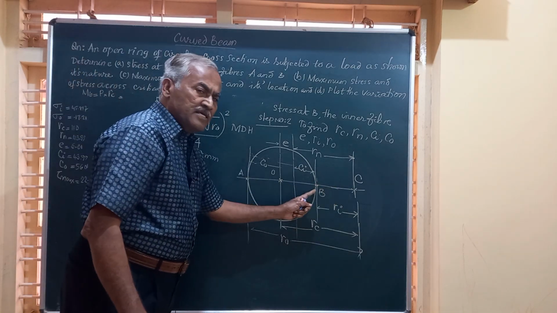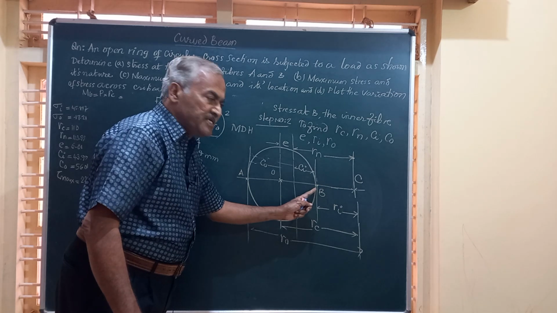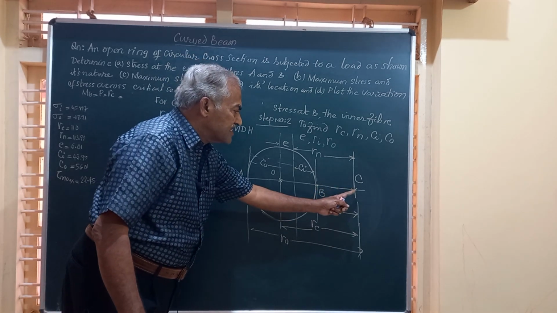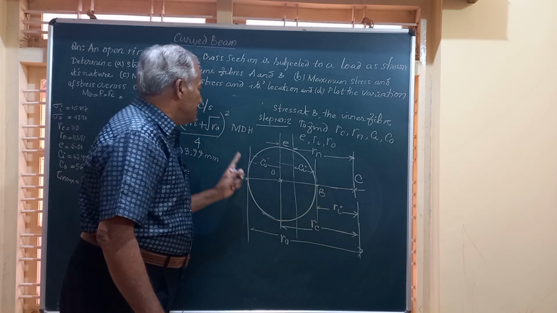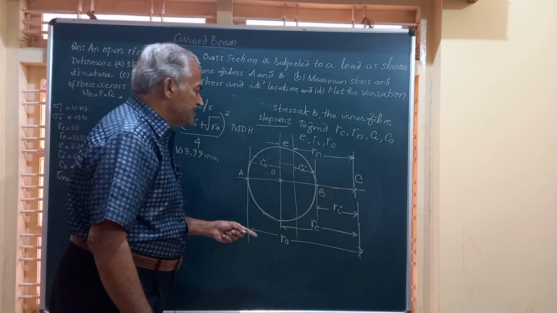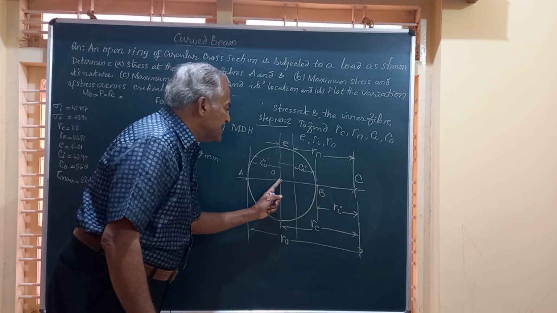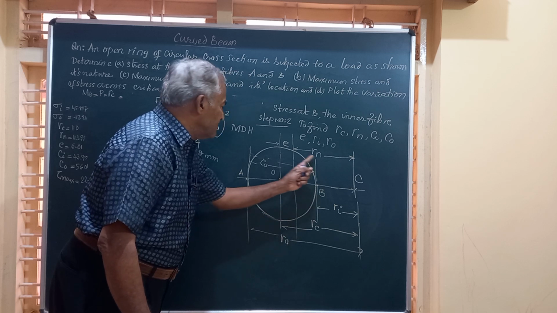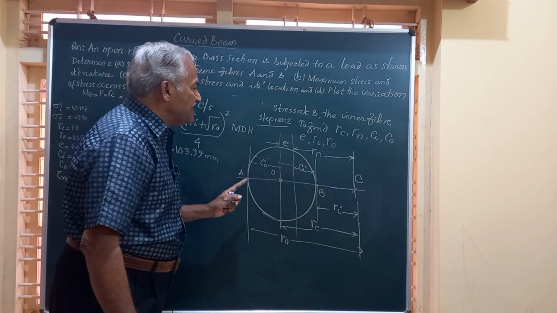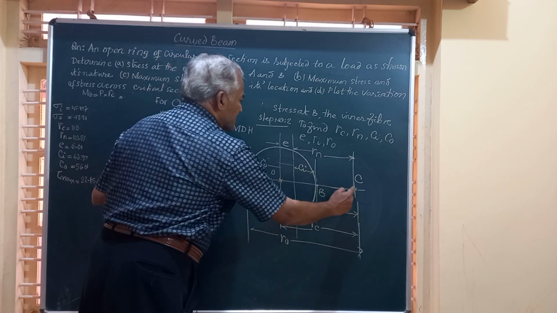We know Ri, the distance from the center of curvature to the inner fiber, R naught, the distance from C to the outer fiber, and Rc is 60 plus 50, that is 110. Rn we have calculated as 103.99. Once you know Rn, we know Rc.